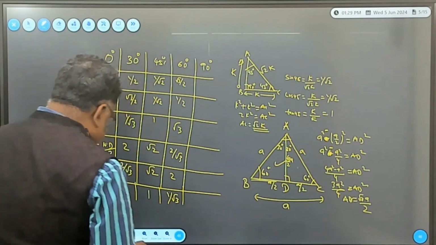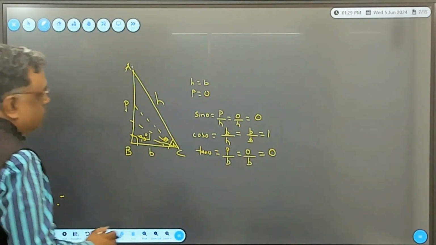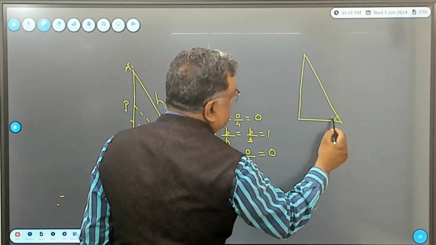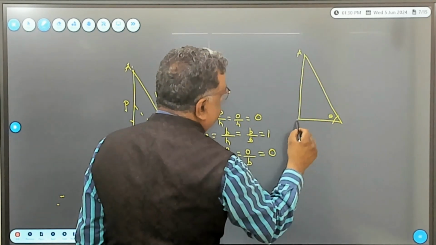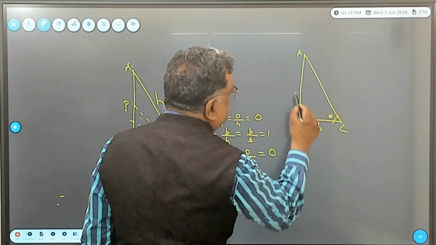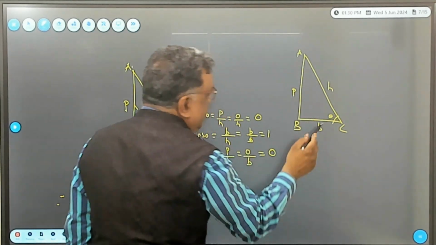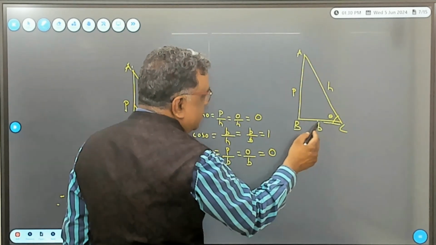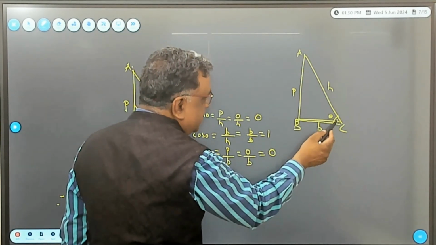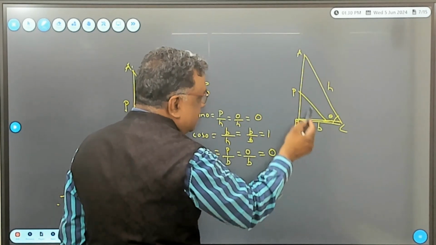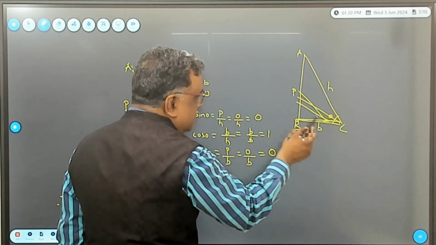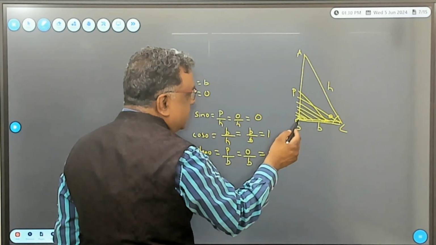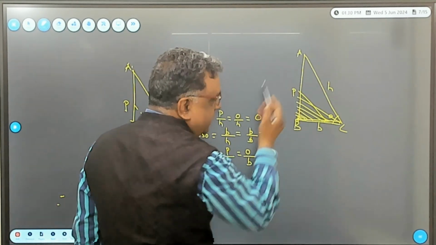Now let us come to 90. So what happens when it is 90 degrees? Let us try to do the same analogy that we did for 0. This is B, this is P, this is H. Now when this angle tries to become 90, B will tend to become 0, because when this thing keeps moving like this, and then when this comes here, this angle actually will become 90 degrees.